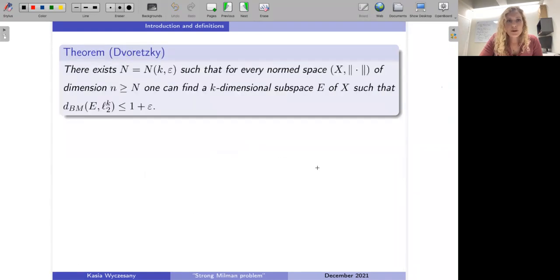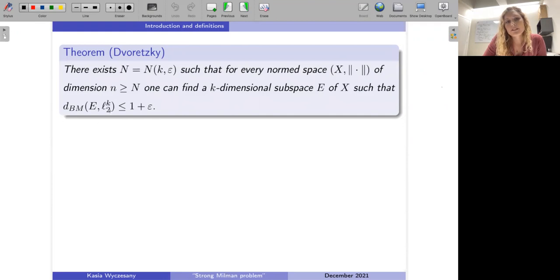All right, so a famous theorem. Whenever you hear Banach-Mazur distance, your thoughts probably immediately go to the Dvoretzky theorem, which states that there exists N, which depends on k and epsilon, so that for every normed space X of dimension at least N, one can find a k-dimensional subspace E such that it is almost like L2.